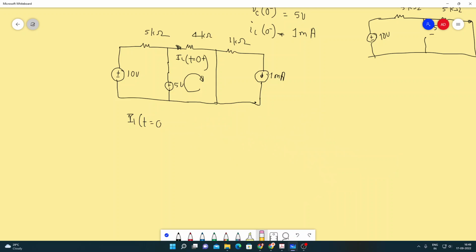Just a second, I1 at 0 plus equals 5 by 4 milliamps, that gives us 1.25. Oh sorry, the B answer.